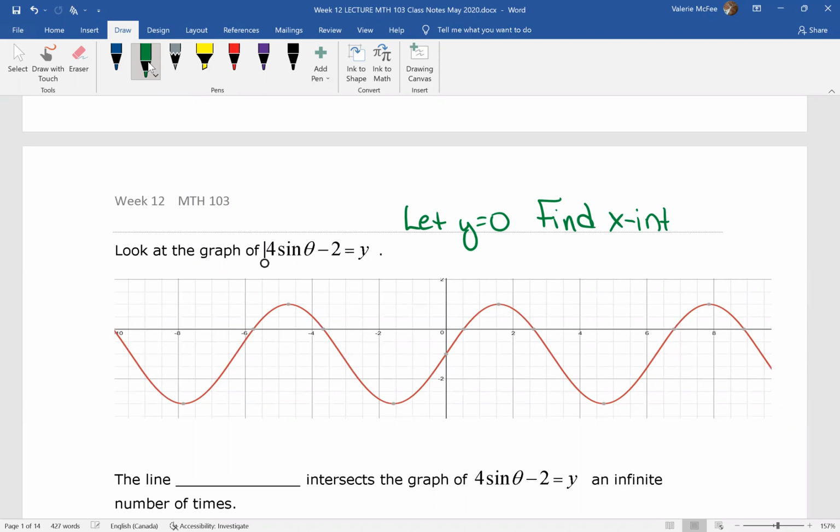And I can see from the graph here that there's certainly more than one x-intercept. And because we know that this graph continues to both negative and positive infinity, we can see that there are going to be an infinite number of x-intercepts. We see that the line y equals 0 intersects this graph an infinite number of times, giving us an infinite number of solutions.